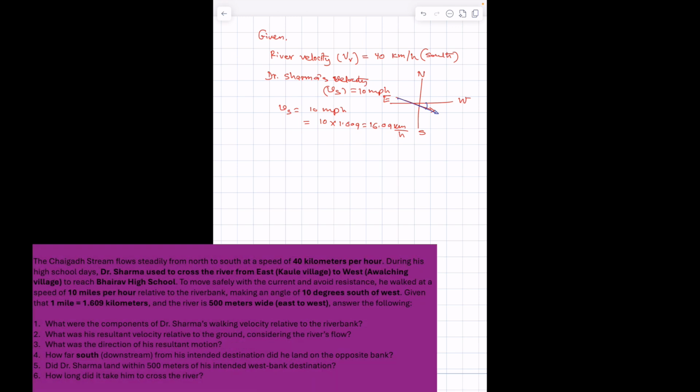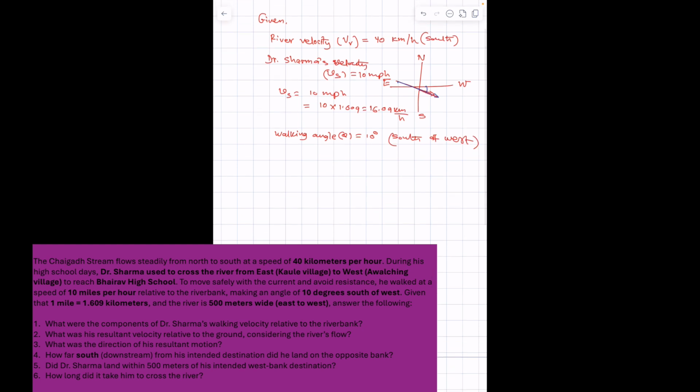So let me write down here the walking angle theta is 10 degrees, which is south of west. Look at here, south of west.